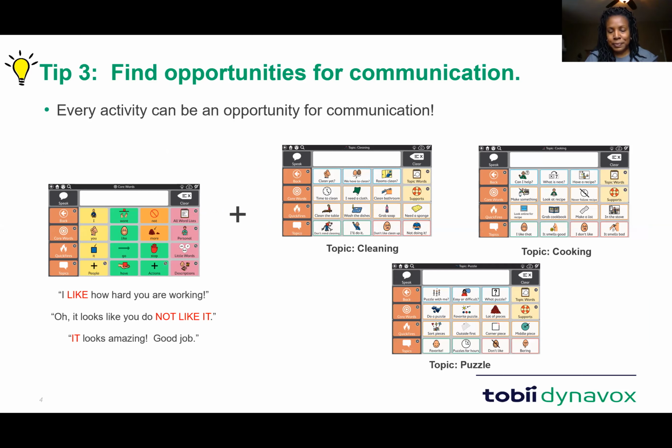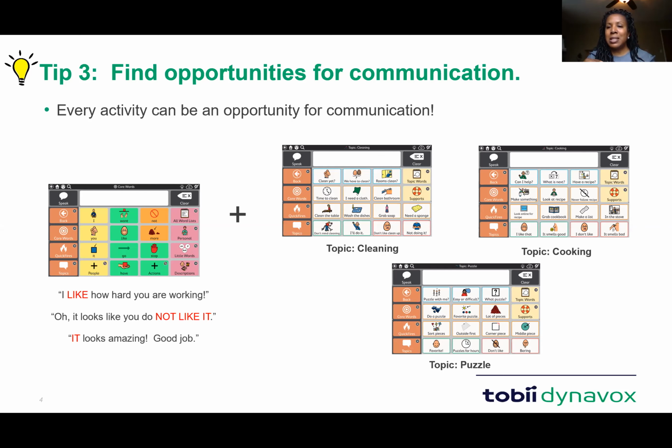Tip 3. This is a big one. Find opportunities for your child to practice communication. And while you're at home, think of every single thing that you do at home. Every activity can be a communication activity. So on this slide, I have the core words with some examples of how you could use those.